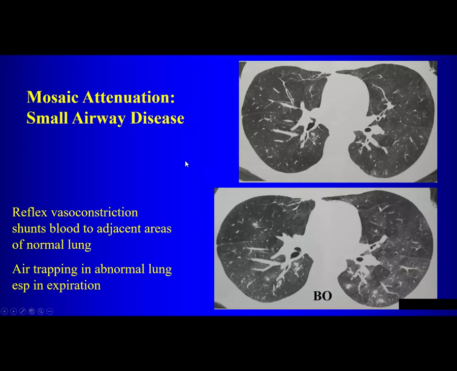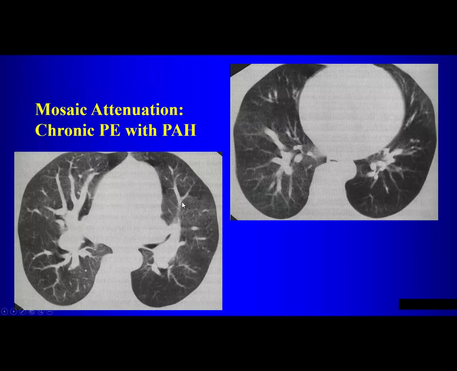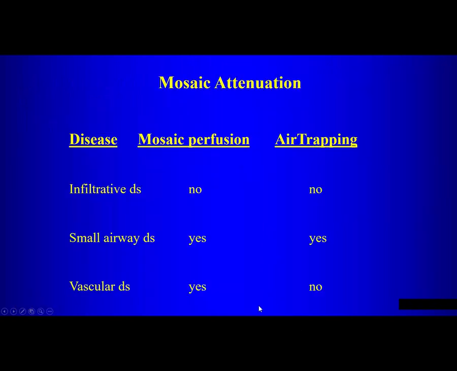See that? Follows a secondary pulmonary lobule, okay? As opposed to this, which is more vascular in distribution. So if you have big pulmonary arteries, of course, and mosaic perfusion, you're going to think of pulmonary hypertension and chronic pulmonary embolism.